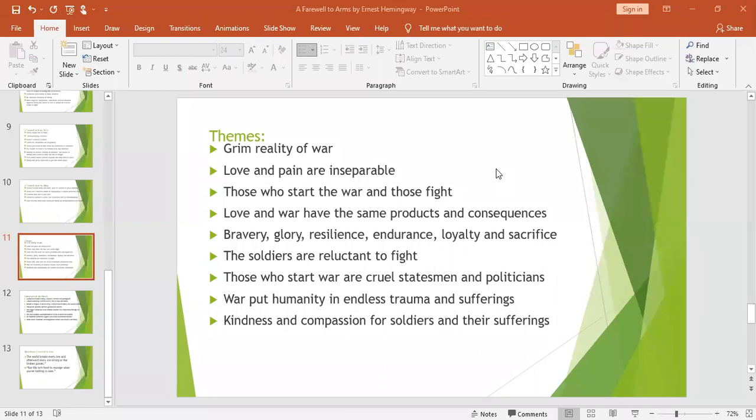Basically he was an ambulance driver and he went over there. As we know, in reality Ernest Hemingway served in the American Army in the First World War, and Henry basically reflects his character. Yes, this is a good question, Rashida.